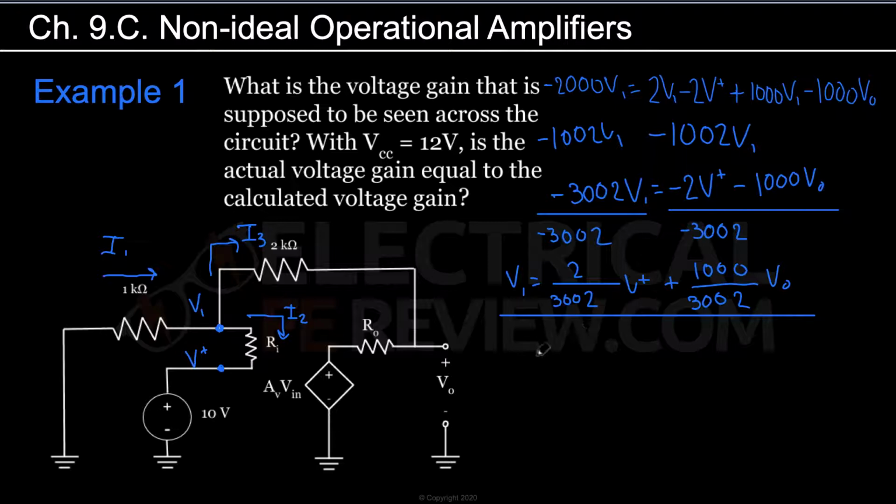And so now we need to use this node to find our other equation. So we're going to call this current now I4 and this current I5. The currents entering and leaving a node all have to be equal to each other, so we know that I4 has to be equal to I5.